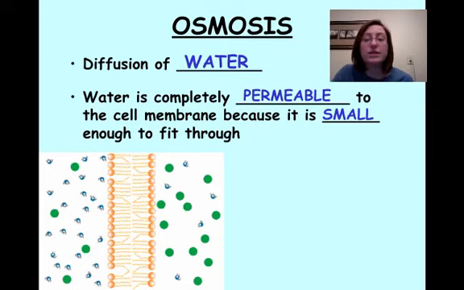So osmosis is literally the diffusion of water. It is its own separate category because of how important water movement is to a cell. Water is a polar molecule, and we know that from looking at the properties of water. However, in this case, it is completely permeable, meaning able to pass through, because the cell membrane allows it to fit because it is small enough.